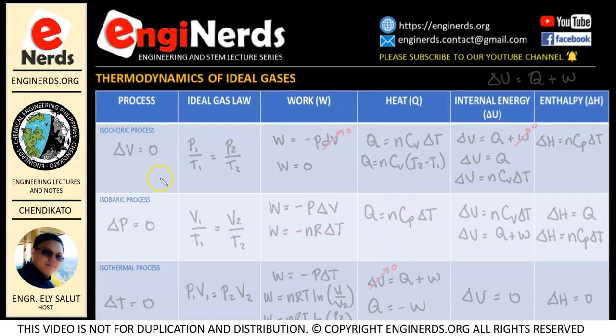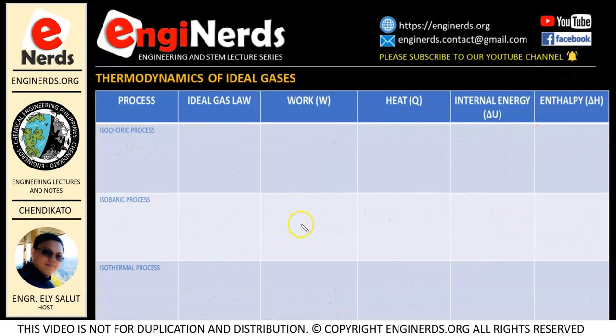But before we proceed in filling this table, let us first review what we learned in the first law of thermodynamics. This is really important because in different references, you will find some differences on the formulas or equations that we will be presenting here. If you remember, in the first law of thermodynamics, we have our delta U, or the change in internal energy, which is equal to Q plus W. And the sign of our work W differs from one reference book to another.